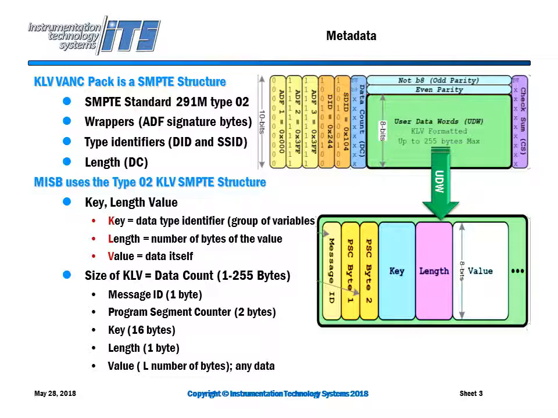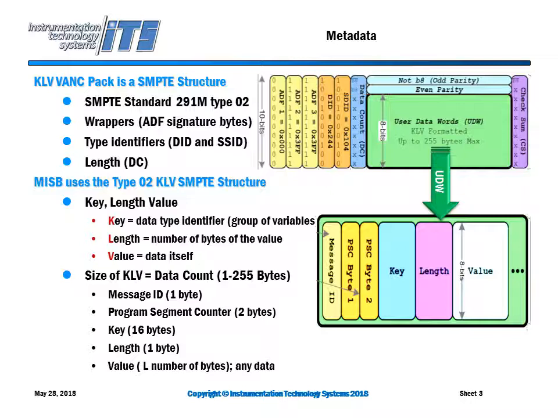There are several types of packets that SMPTE has defined for the ancillary space, but the one that we're interested in is in the VANC space, and it's the key length value, KLV, type of packet. That packet is signified in the line stream with an ADF signal.